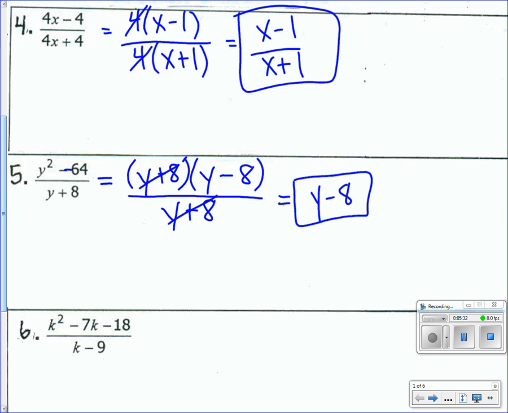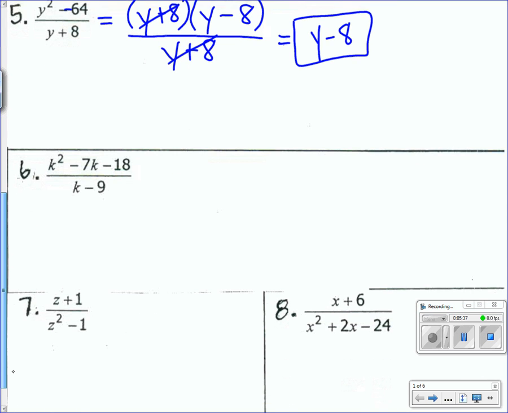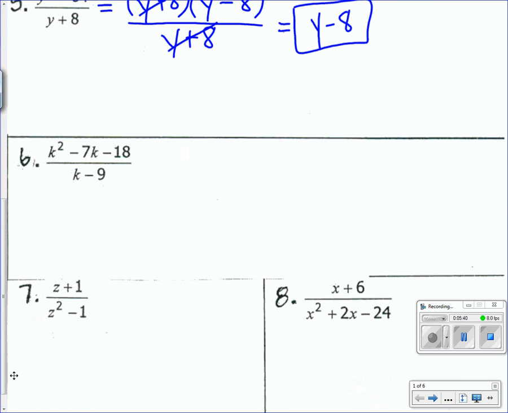Question on that one? Okay, let's look at number 6. How can we factor the numerator on number 6? Since it's a trinomial and this is 1, then we can just go factors of negative 18 that add up to negative 7. So what are the factors of negative 18 that add up to negative 7?